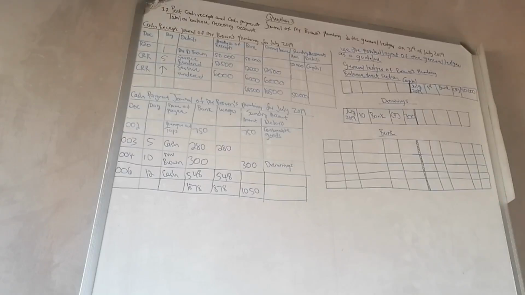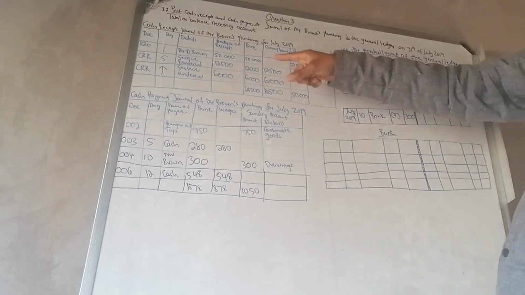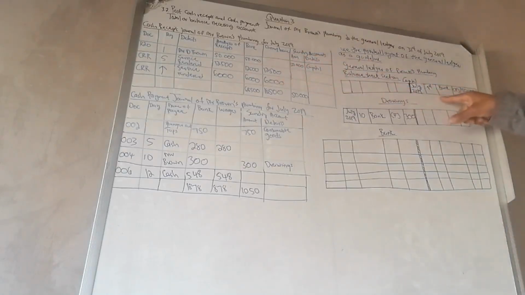The transaction on the bank, which day? Cash payment journal, cash receipt journal. Cash receipt journal. I record that amount of 50,000 because it was already recorded on capital. Right. What other transaction do we have?